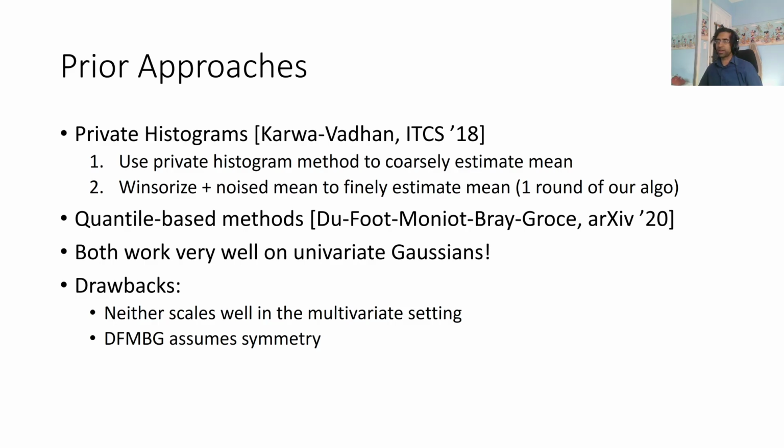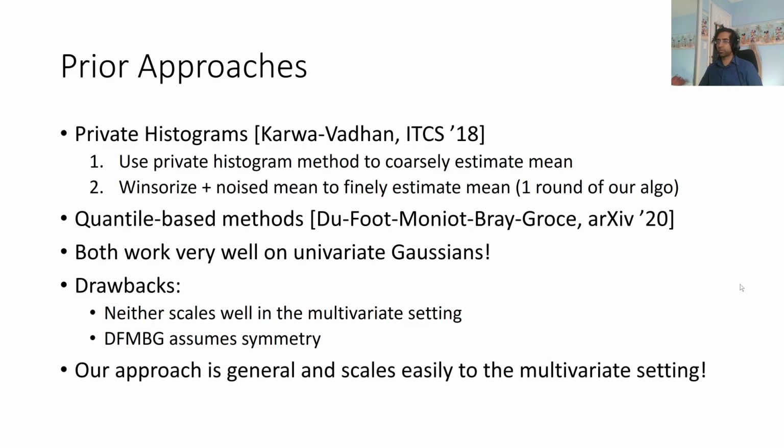So there are ways of dealing with this multivariate drawback, based on, say, doing it independently on each coordinate and then combining it. But as we'll see practically, this has some significant drawbacks and we will outperform it. In particular, our approach will be general and will scale easily to the multivariate setting.